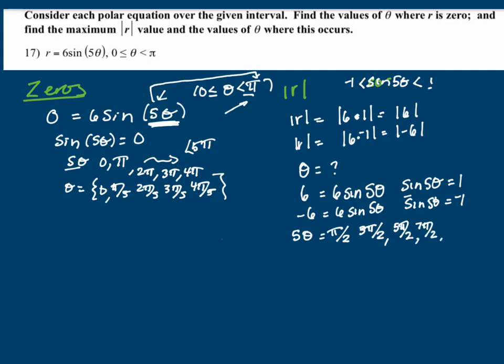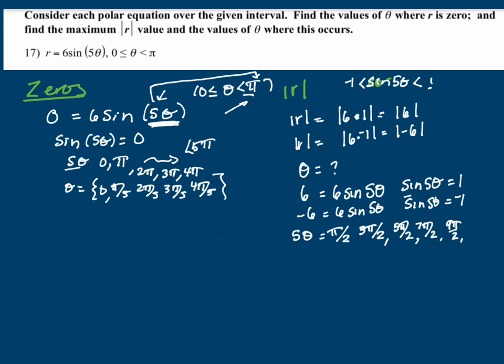And if we add a 2 pi to 5 pi over 2, we get 9 pi over 2. And 9 pi over 2 is still good.